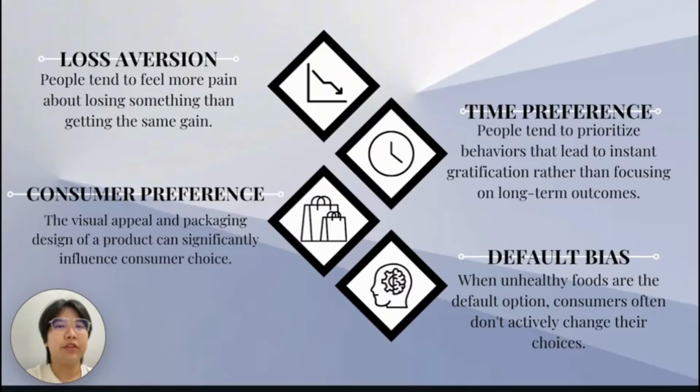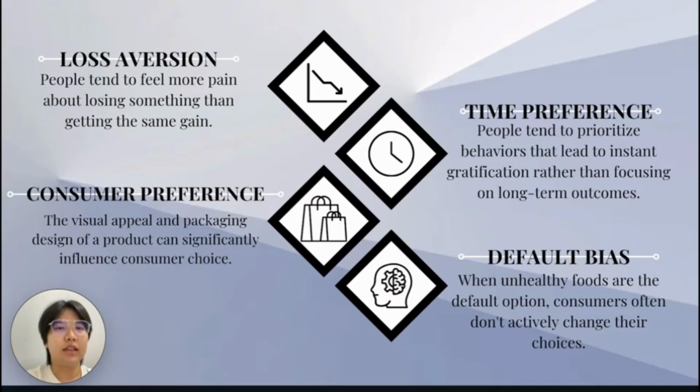In time preference, unhealthy foods can quickly bring pleasure, while their long-term health risks are overlooked. In consumer preferences, the marketing of unhealthy foods is often advantaged through appealing packaging or promotional means to keep consumers attracted without adequate consideration for the actual nutrition of food.